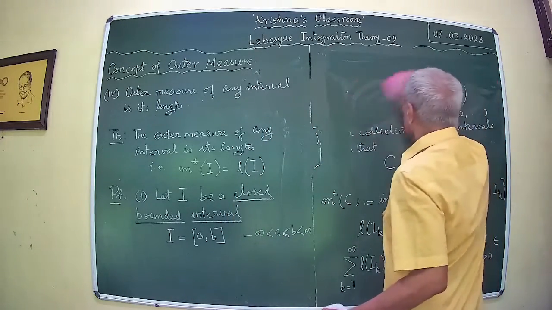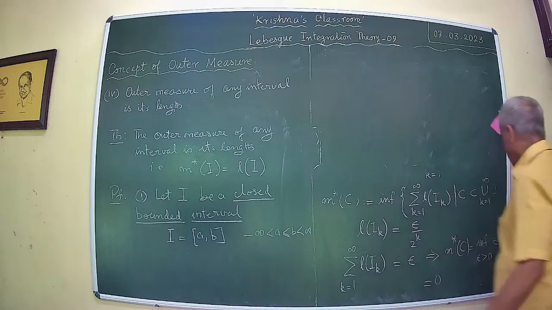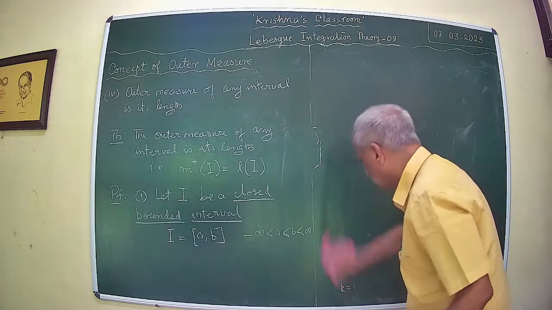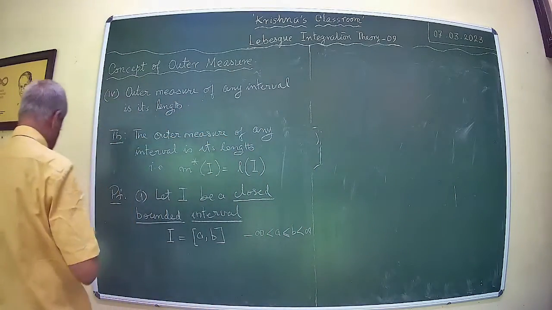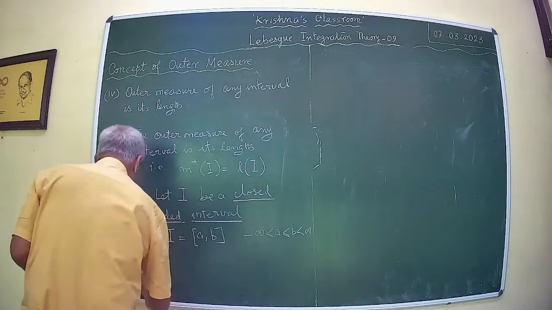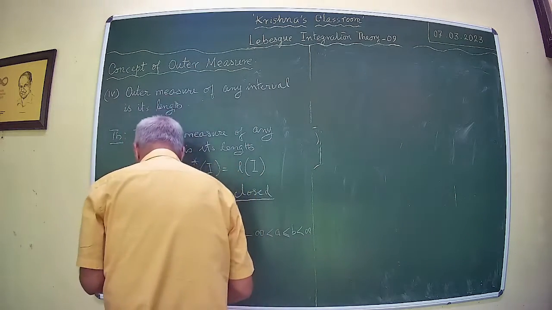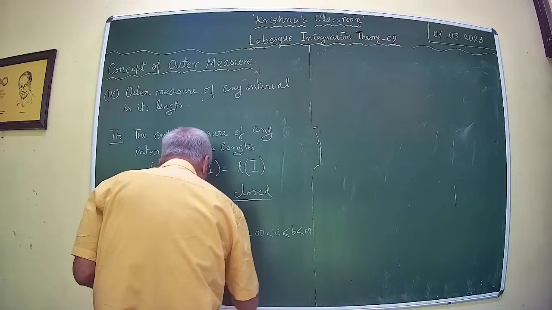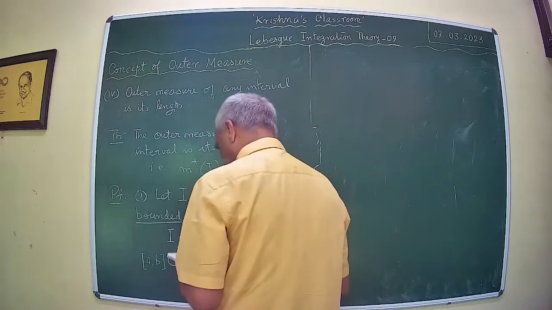Let us now work on this. Now you observe that [a, b] is contained in the open interval (a minus epsilon, b plus epsilon) for every epsilon positive.